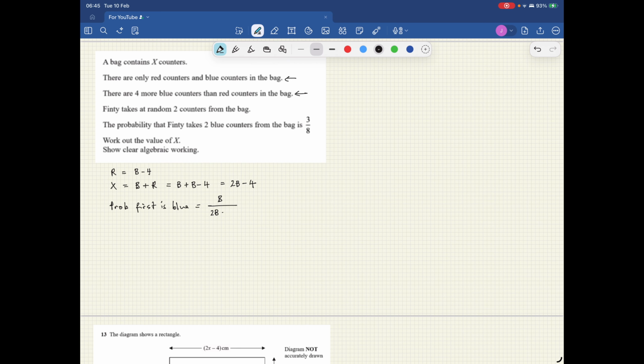So that is the probability in terms of B alone that he takes out a blue one first. Now then, this is a little bit harder. You need to think a bit more carefully. Probability that second is blue. And again, I want you to write it in terms of B alone, bearing in mind that a blue one has already been taken out. So pause the video and have a go at that.